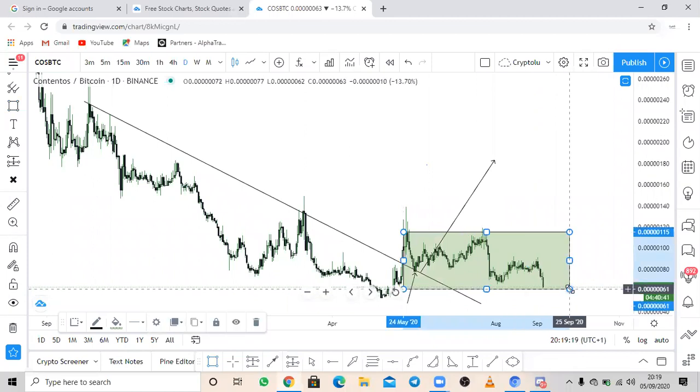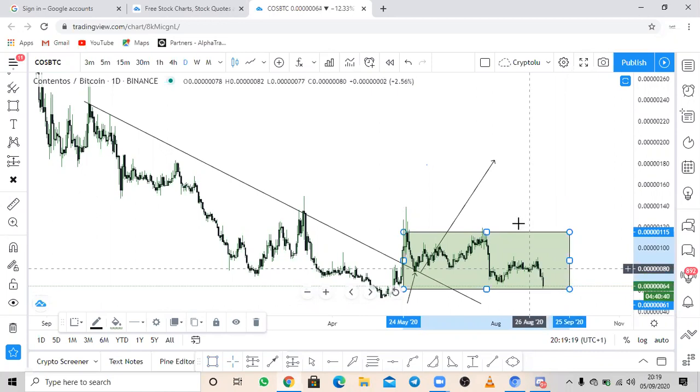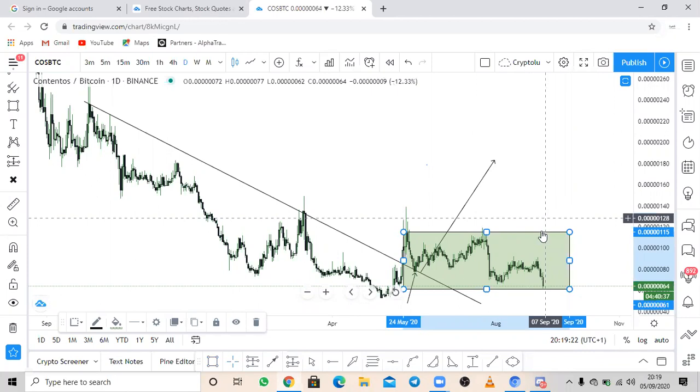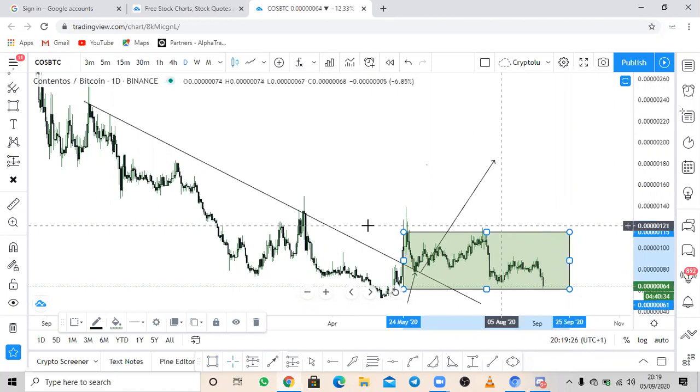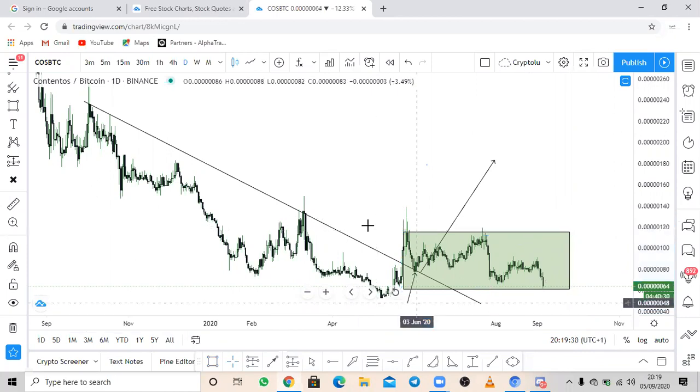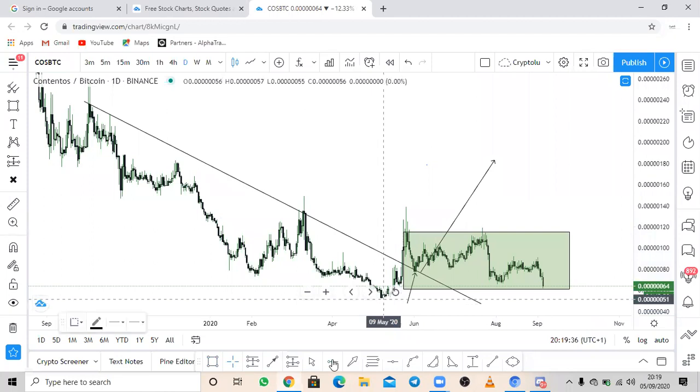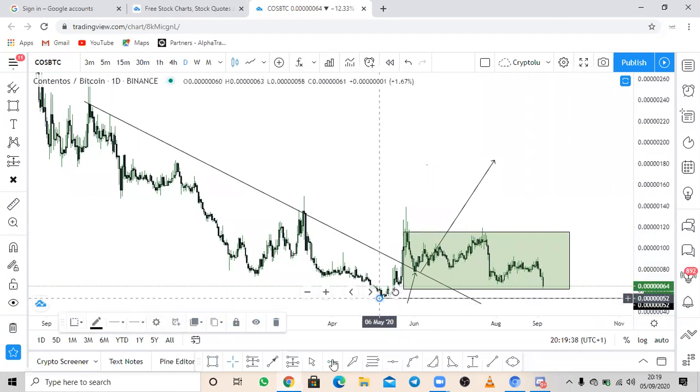So a break above this level indicates a bullish movement. But because of Bitcoin, I'm thinking it might break down from there and go down to this level.